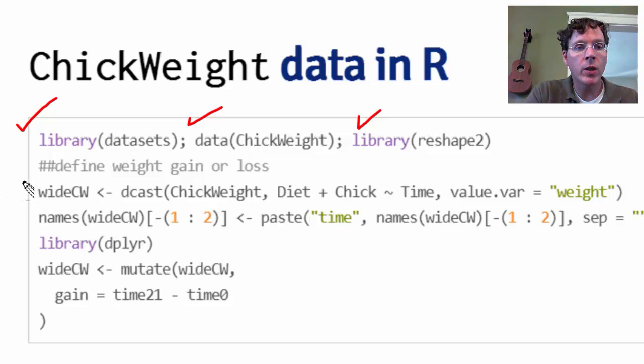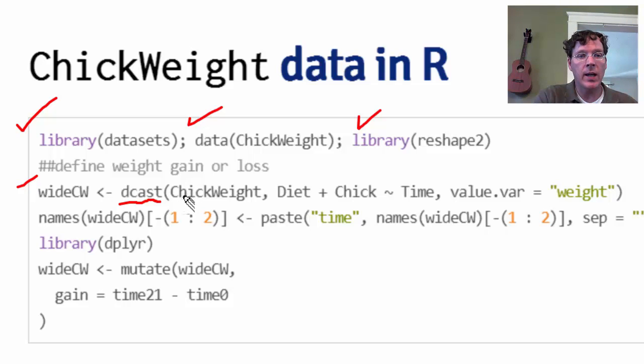The ChickWeight data comes in a long format, so it's the chicks lined up in a long vector. If you want to take that long vector and make it wide, so that there's one column for each time point that we measure the chick, then you want to use dcast, a function in the reshape package.